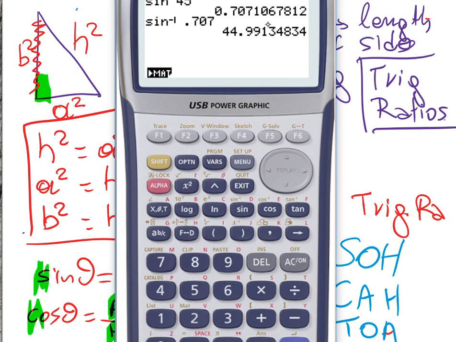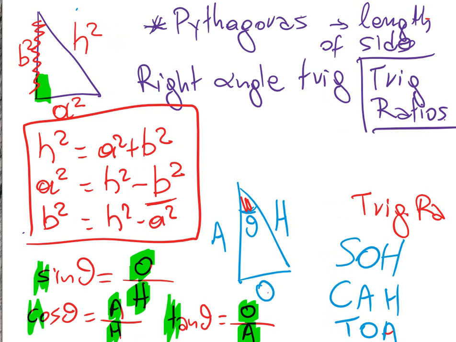It is 44.99 because I'm not continuing this part of the fraction. If I was writing here 0.707106, that will be the same degree. Are we okay with that? We are going to practice in the class, but this is what I would like you to remember from the past.